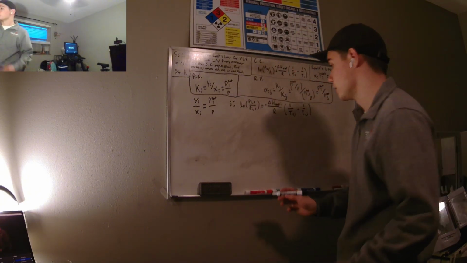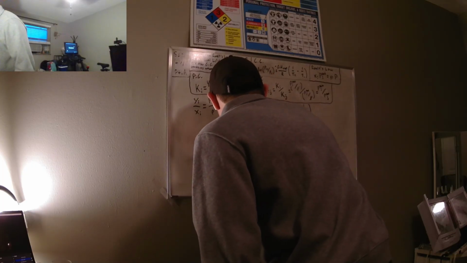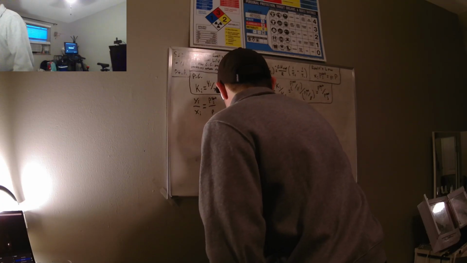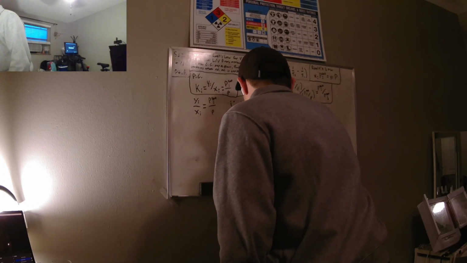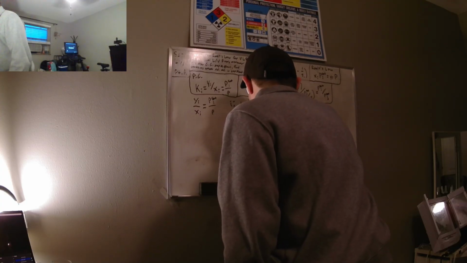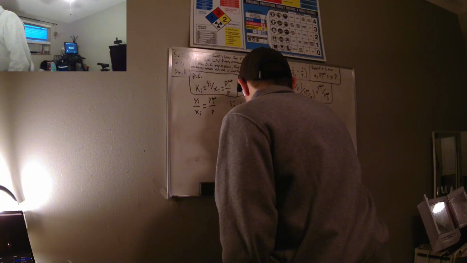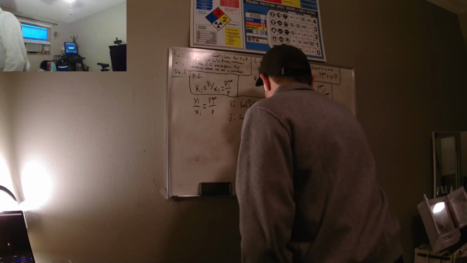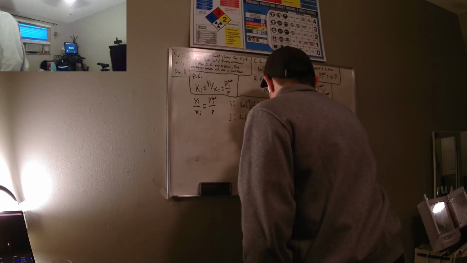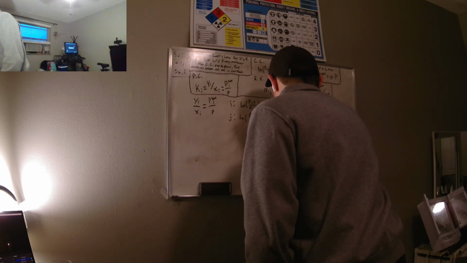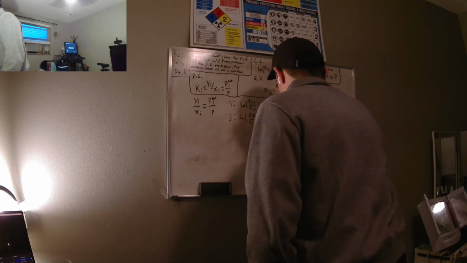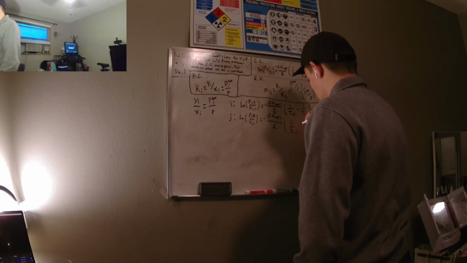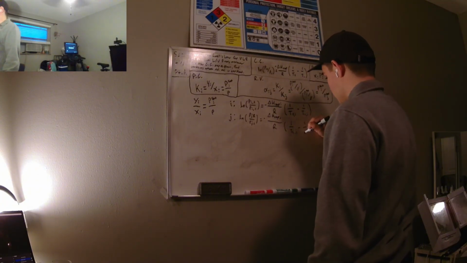And then we're going to do the same for j. So the natural log of Pj2 over Pj1 equals negative the enthalpy of vaporization for j over R times 1 over T2j minus 1 over T1j.